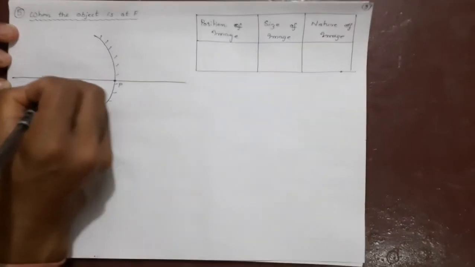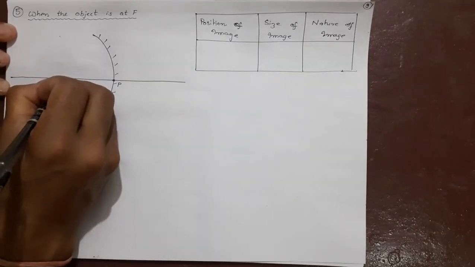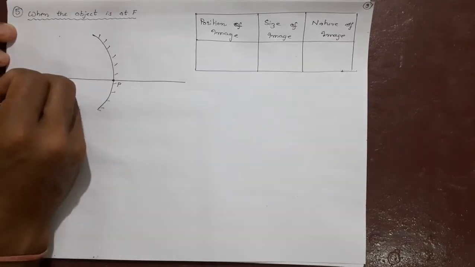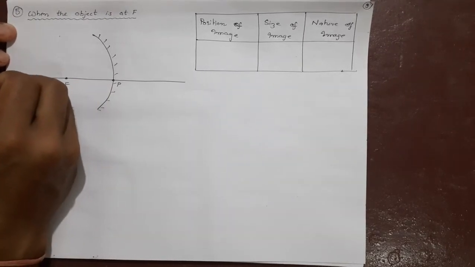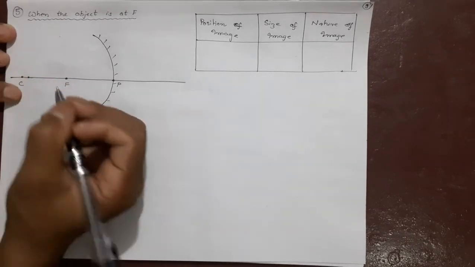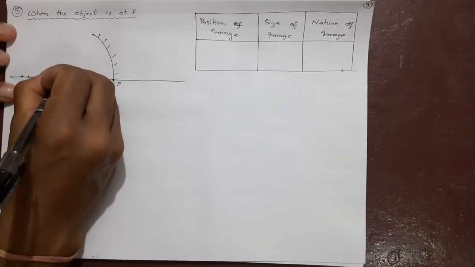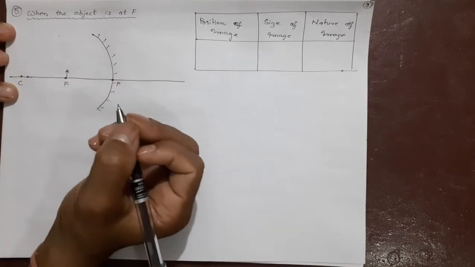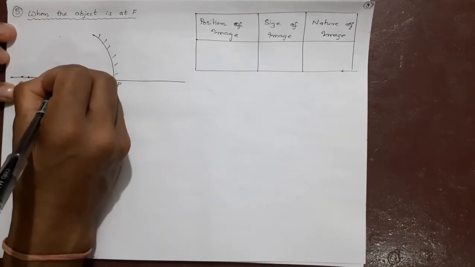P. Okay, and you can make somewhere here the focus, somewhere here the center, maybe a little far also, it's okay. The object will stand here. Okay, the object is here, right? Now first rule is what?